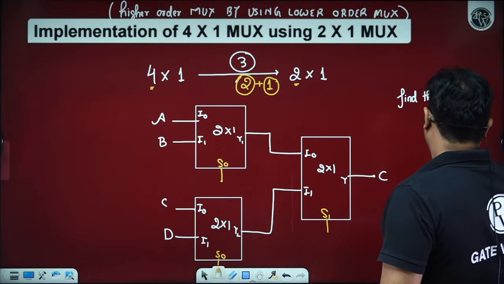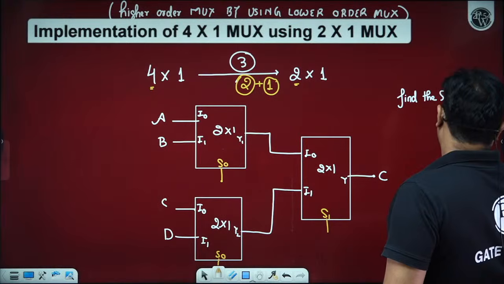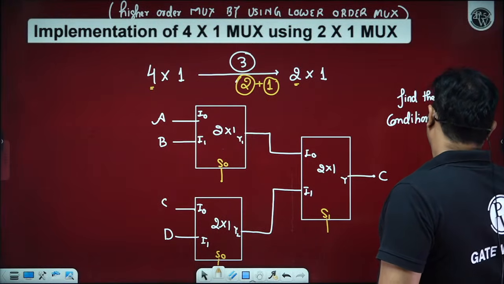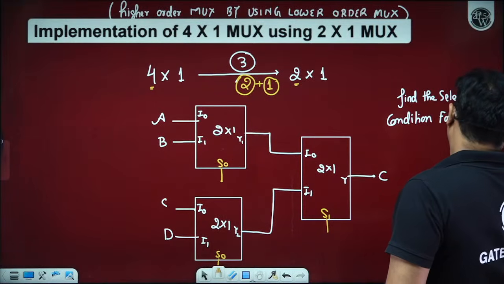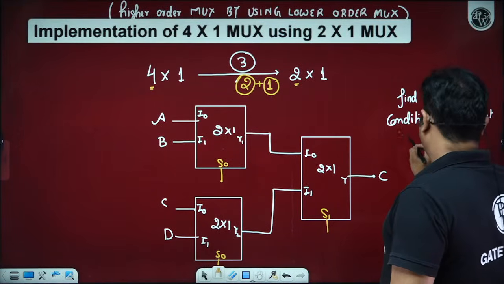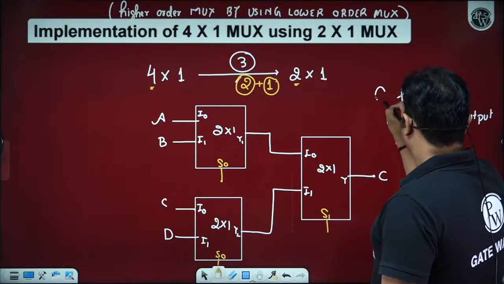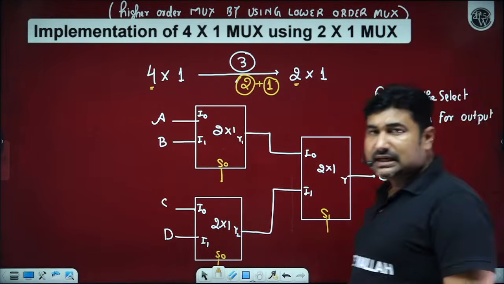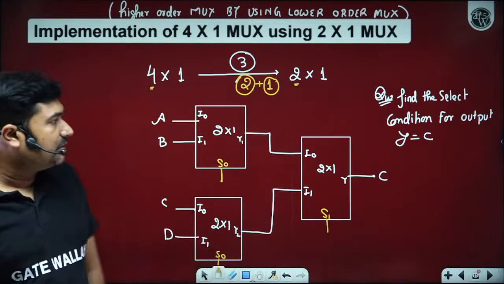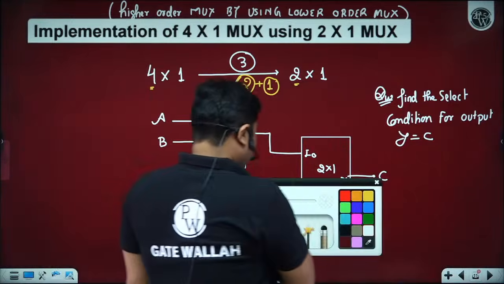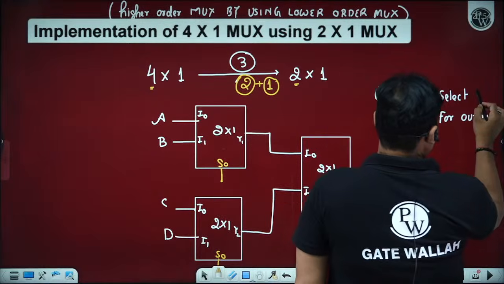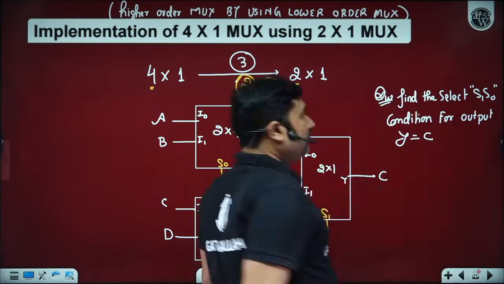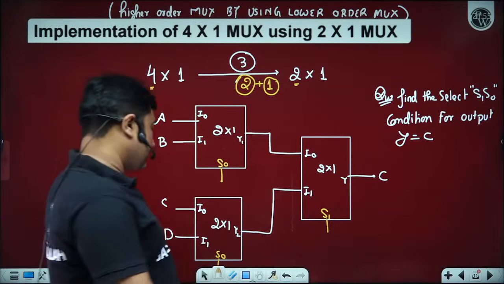So I am creating a question as well. Find the select line condition S1, S0 for output Y equal to C.